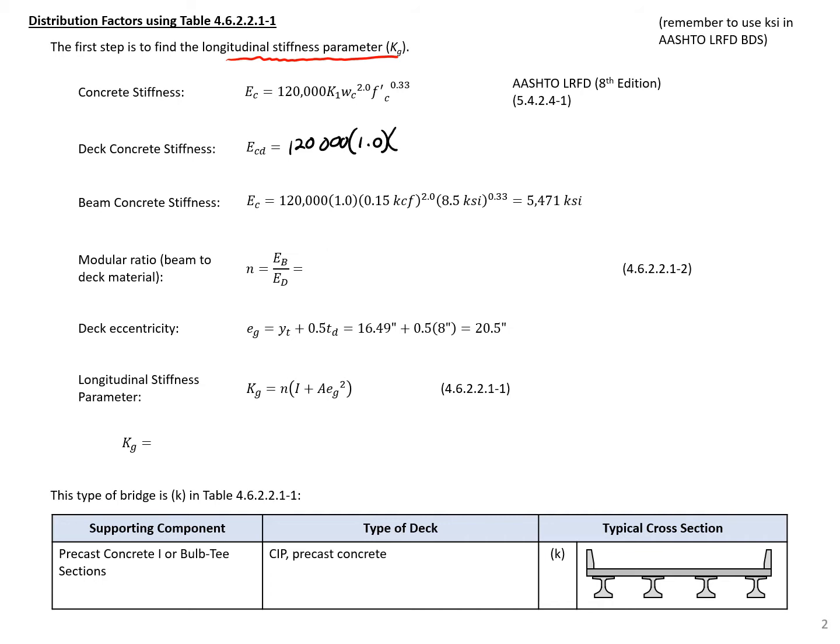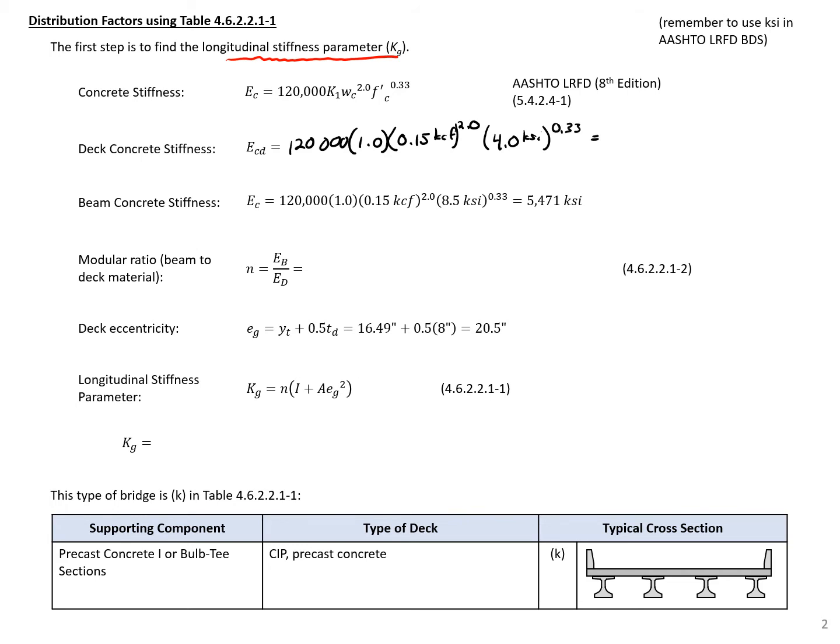The weight of our concrete is 0.15 kips per cubic foot. This is to the 2.0 power, and then times the concrete strength, 4.0 KSI to the 0.33 power.